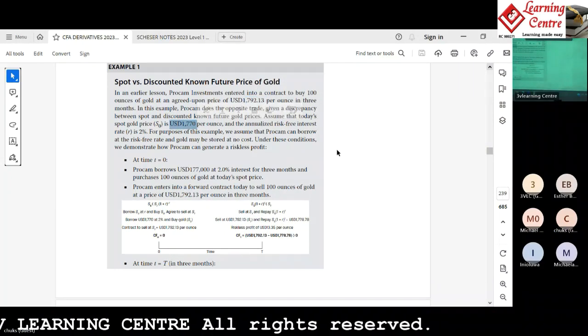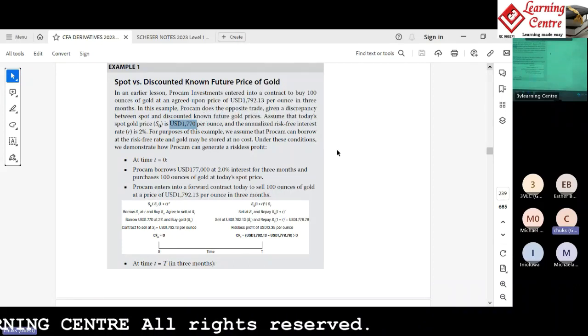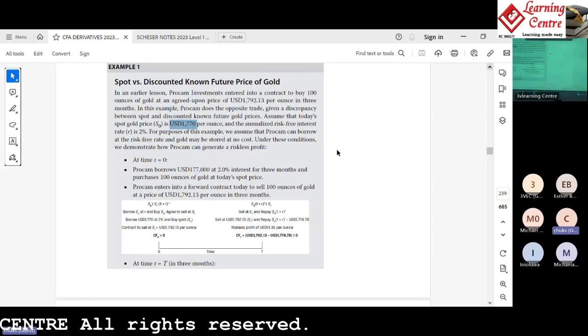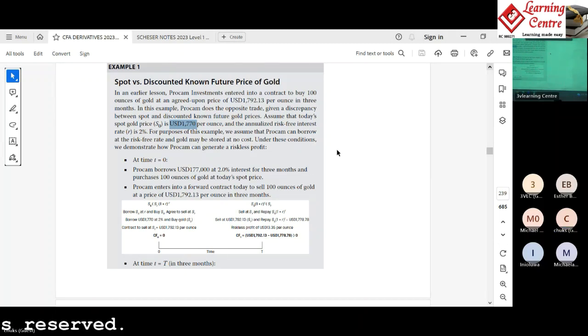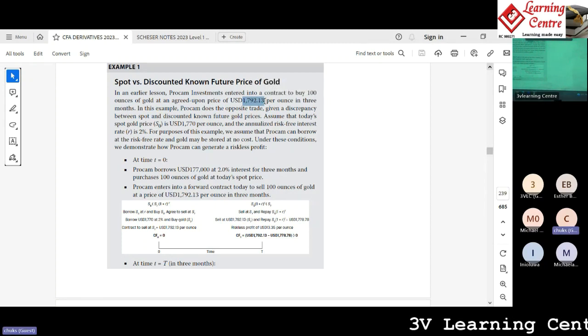So in my formula, I'm going to do 1770 times 1 plus 2%, which is the risk-free rate, raised to power 3/12. And when I do that, I should be able to get this 1792, which is the forward price. That's why I said the two sides must be equal for there not to be an arbitrage.